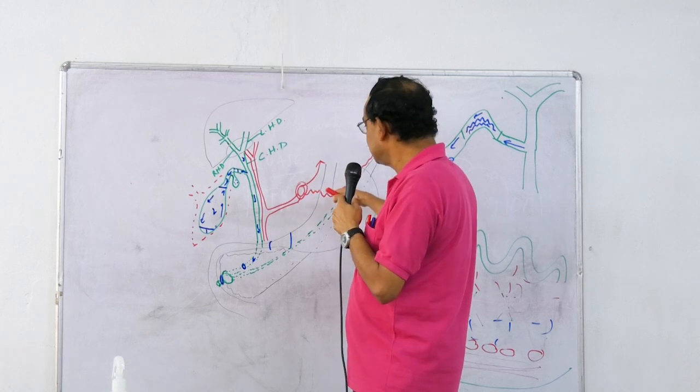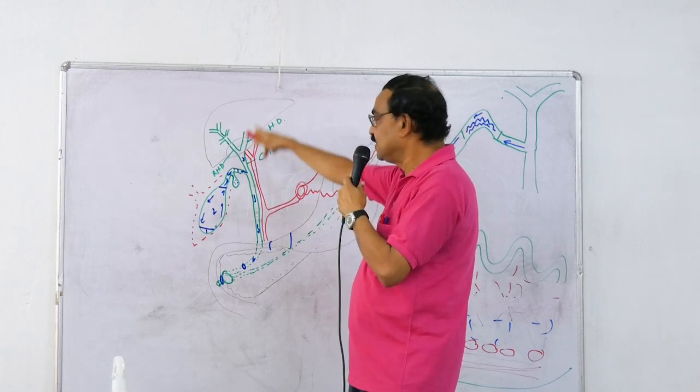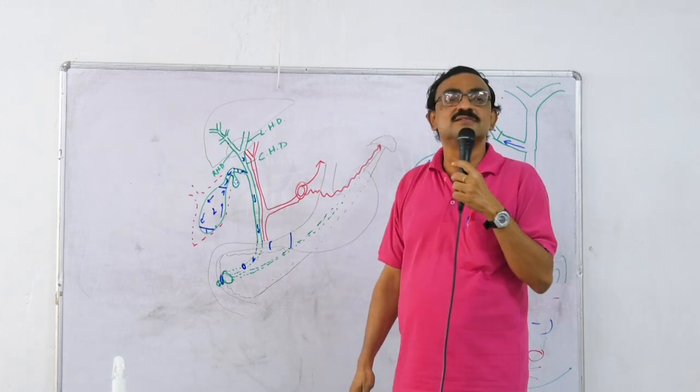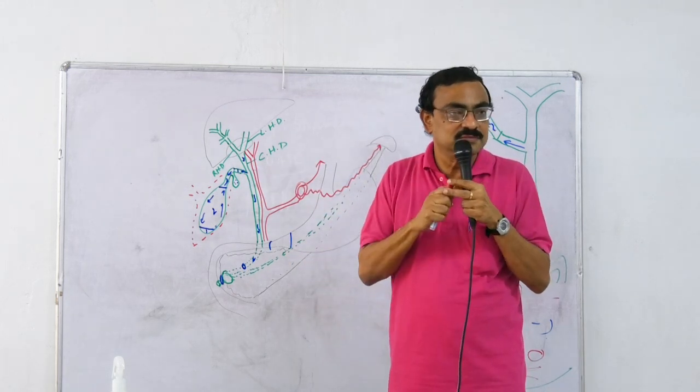Celiac trunk, left gastric, splenic, common hepatic, then becomes hepatic artery proper, and it will come down as gastroduodenal artery.